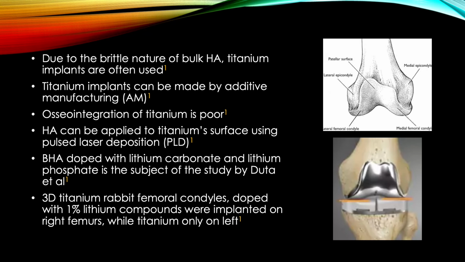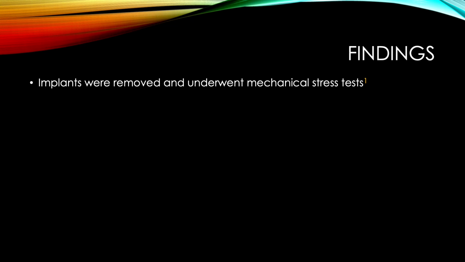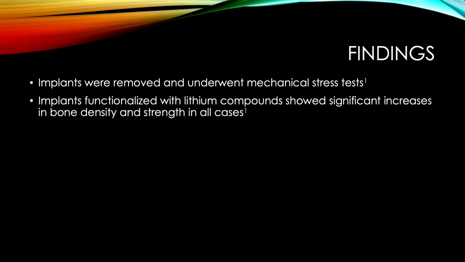These were doped with 1% lithium compounds, that's lithium carbonate and lithium phosphate, and they were implanted on the right femurs of the rabbit. On the left femurs, only the titanium implant was used. The implants were removed after 4 weeks and 9 weeks and underwent mechanical stress tests.